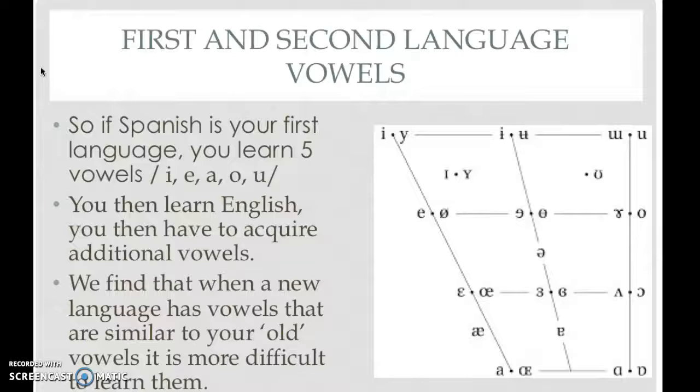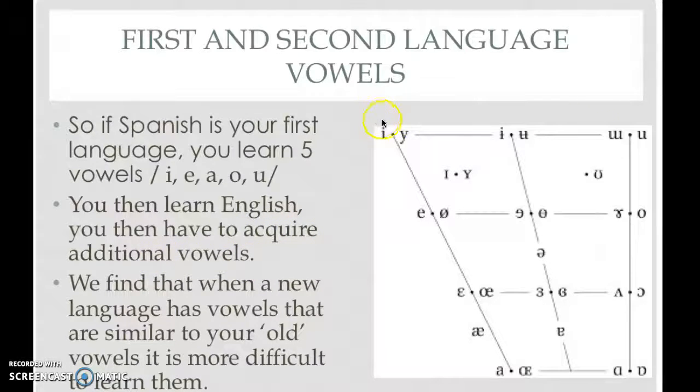For example, if you start learning Spanish, I chose that one because we have a lot of Spanish speakers in this class. If Spanish was your first language, you learned 5 vowels. You learned E, A, O, U. Then when you learned English, you had to pick up or learn to distinguish additional vowels.